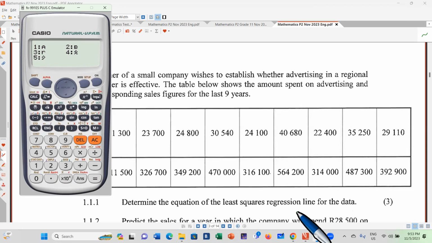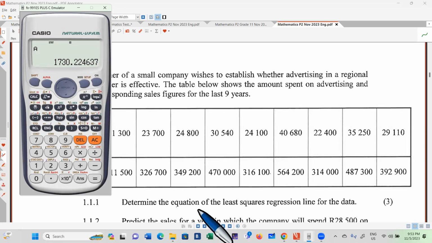So we need to first find A. A is 1. You can see that A is 1730. So we write A down here. What is A?